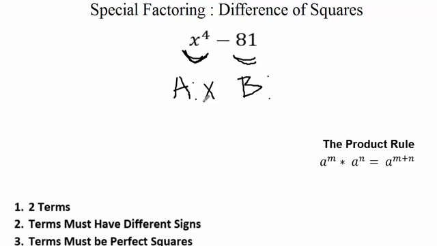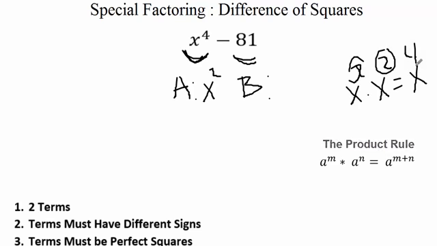Well, 2 plus 2 is 4. So that would then follow that x squared times x squared is x to the 4th. Again, using the product rule, if we did x squared times x squared, product rule says keep the base, add those exponents, 2 plus 2 to give me the 4th. So x squared times x squared is x to the 4th.